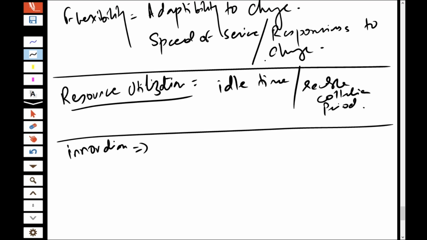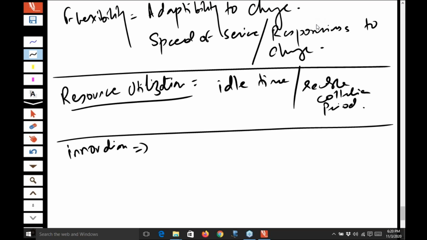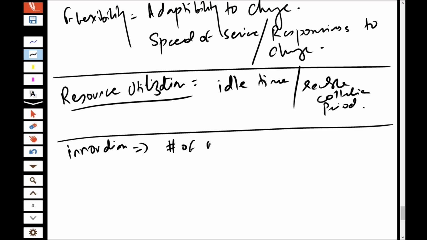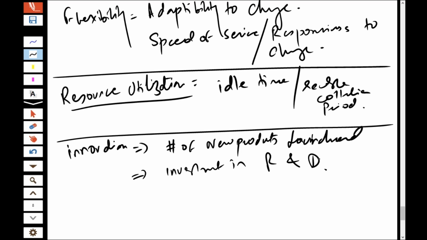Innovation is majorly the number of new products launched, and investments in R&D, etc. This is all going to be measuring your innovation.